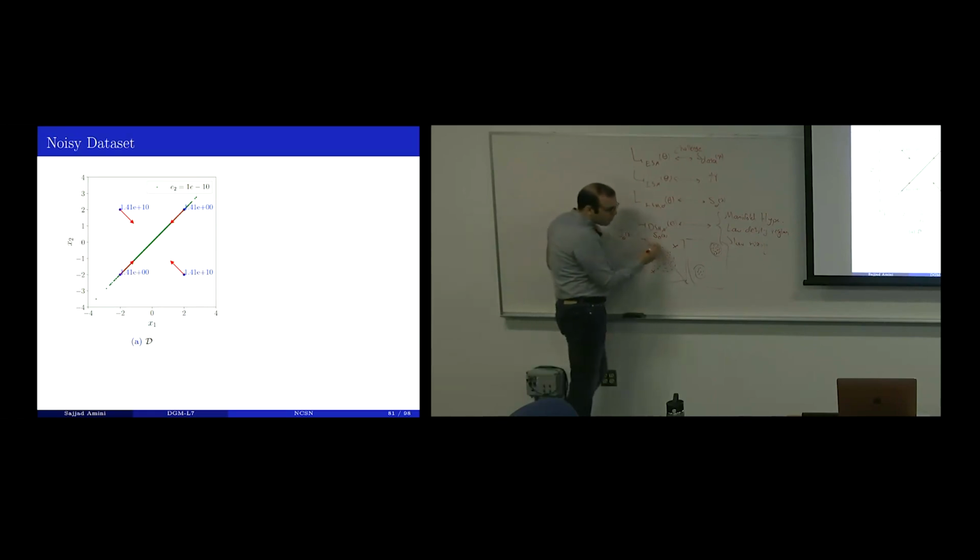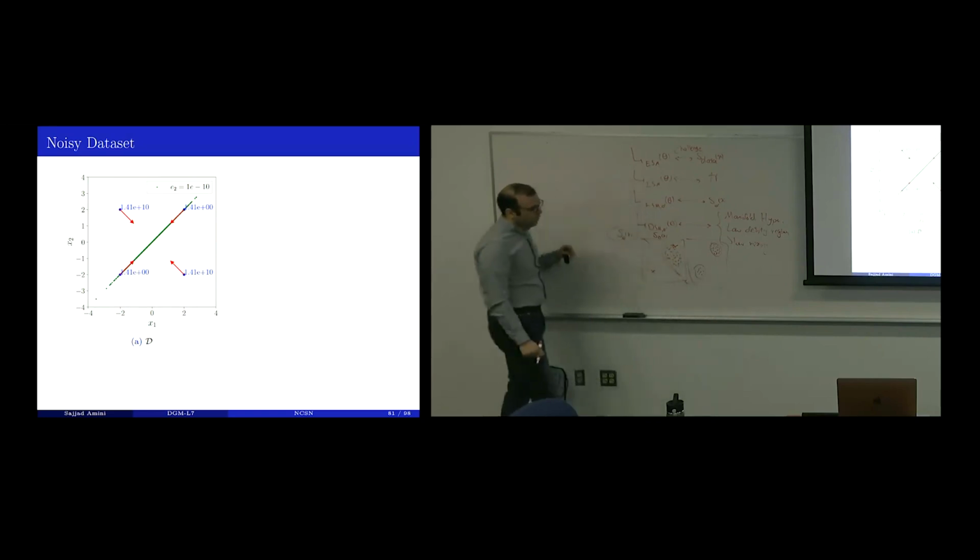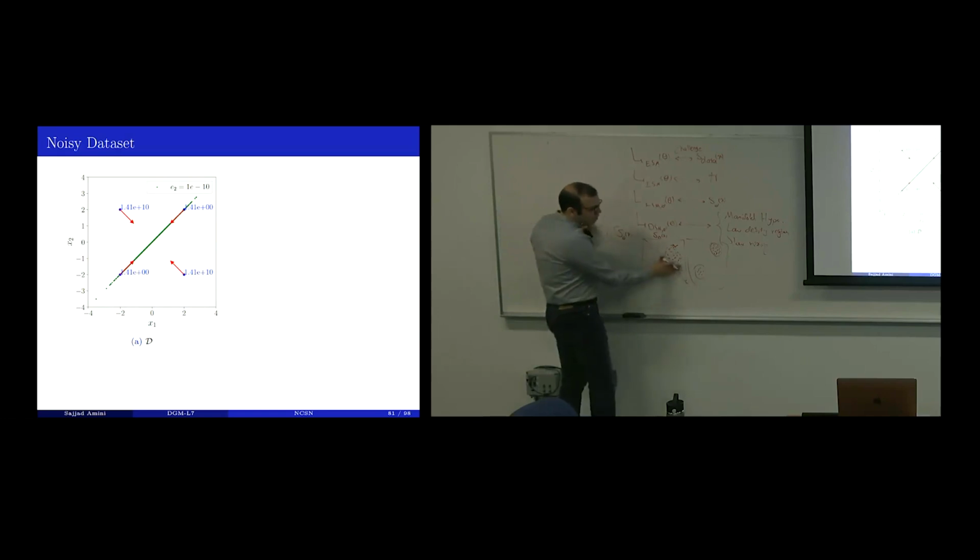As a result, an equal number of data samples will go to each region. Assume that I start with a distribution like this. This is my initial data samples. We generally start with a uniform or centered Gaussian distribution, and because the score function is not aware of the mixing component, it takes an equal number of samples to this region and an equal number of samples to this region.